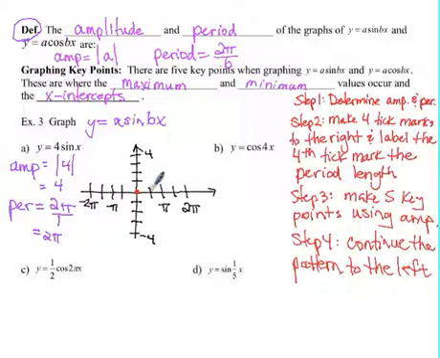Now, instead of it going up to 1, it actually goes up to the amplitude. And then remember, we had our x-intercepts at the pi's, and then it goes down to the negative amplitude and back to 0 at 2 pi. And then you're going to continue the pattern to the left.